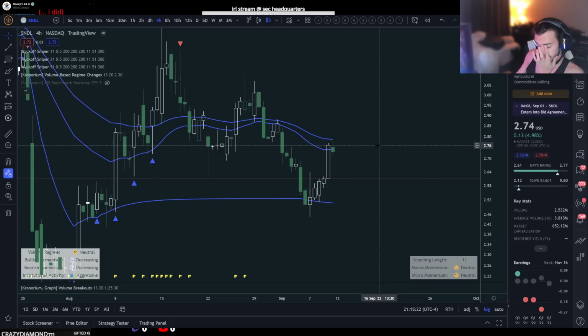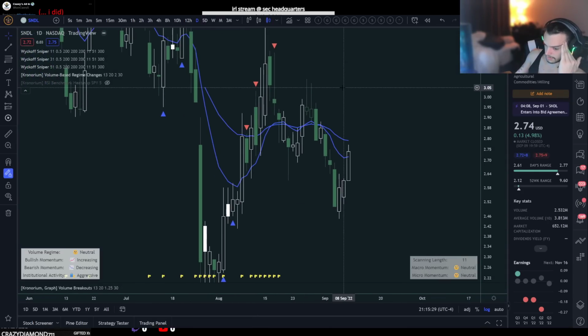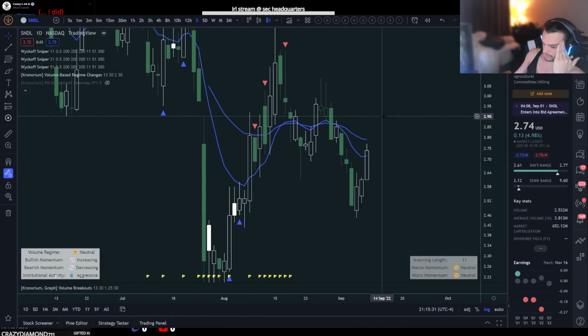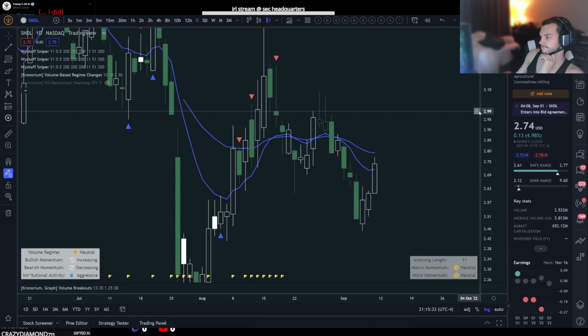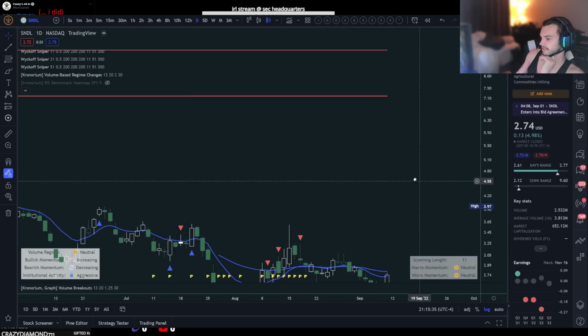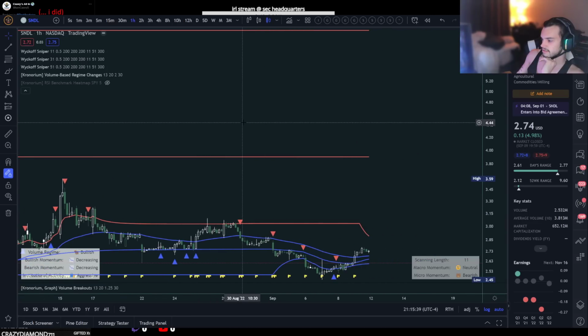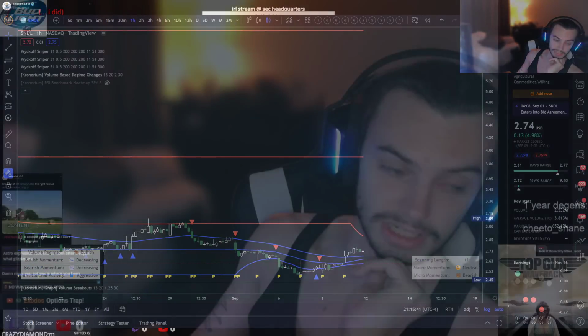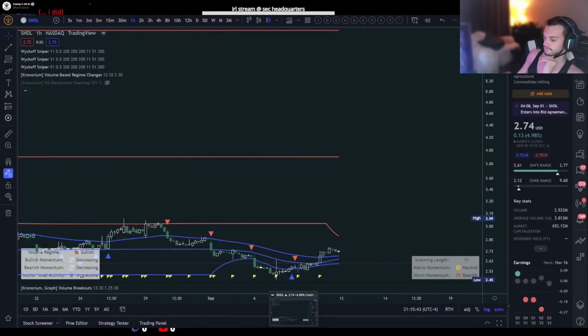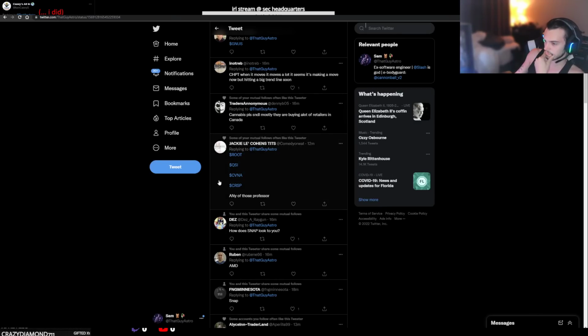Everything's neutral. Everything is neutral. Volume and price. The daily, neutral. The daily says there's bullish momentum kicking up on volume. Also trying to break out of accumulation on the daily. 1 hour. Yeah, no, this is just a straight up, I don't know. Too speculative.